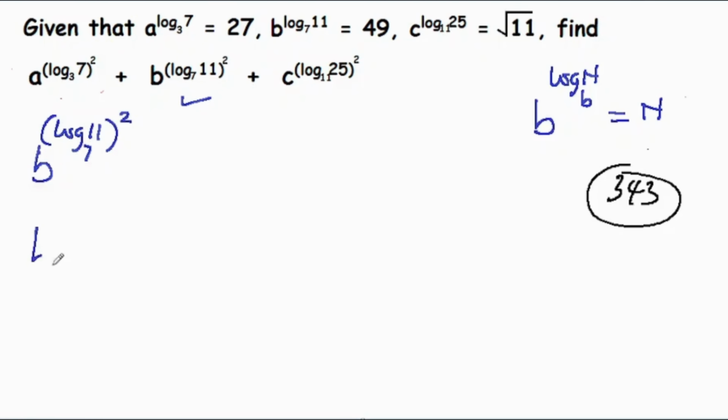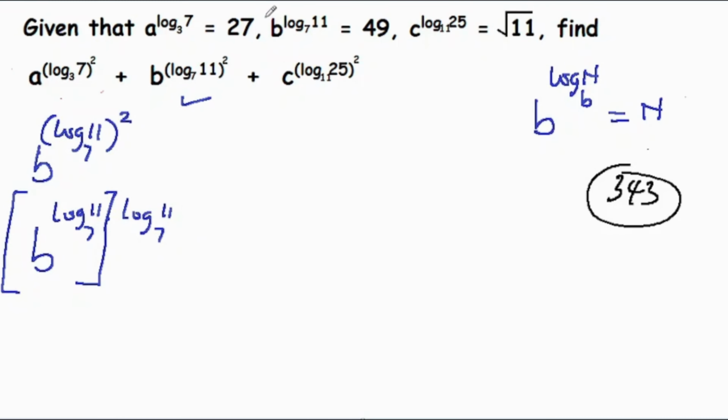Then we have b raised to power log 11 base 7 multiplied by log 11 base 7. So we are going to put a big bracket here. Good. Now let's go back to the question.